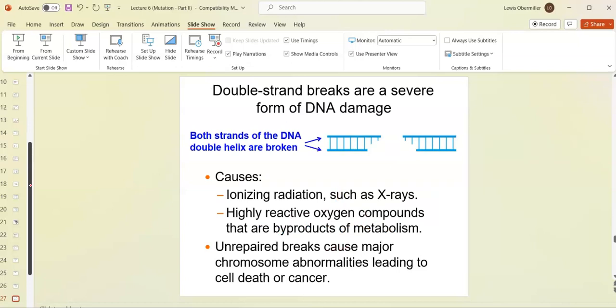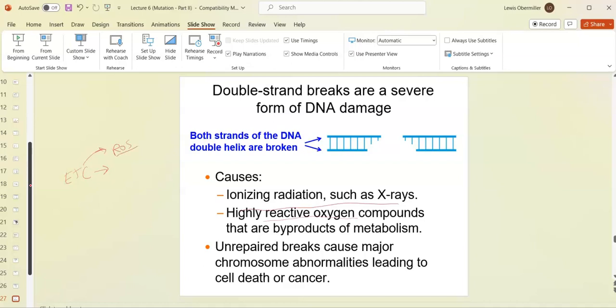Now, we also talked about how ionizing radiation, like X-rays, can cause double-stranded breaks in DNA, and highly reactive oxygen species that are byproducts of metabolism can also cause this, right? So your own natural metabolic process, like the electron transport chain, those electrons can fly off of there and produce free radicals.